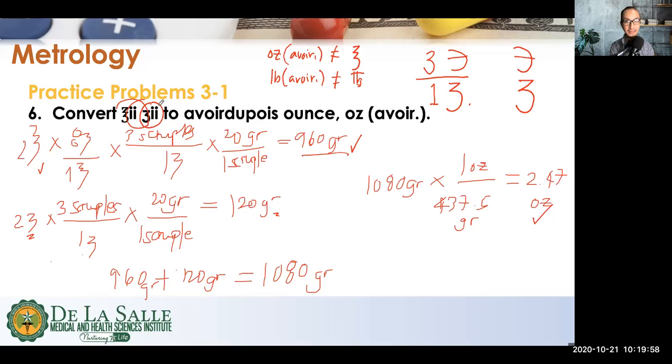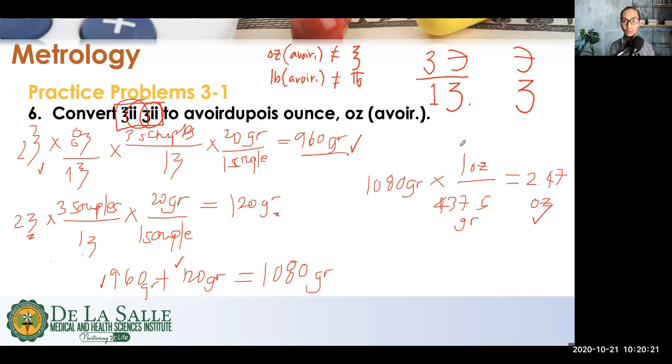As I mentioned earlier, these symbols only represent one measurement, and even though it has two denominations, you will simply add these two. So 960 and 120 grains equal 1080 grains.